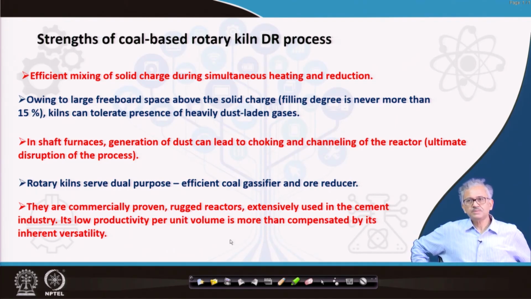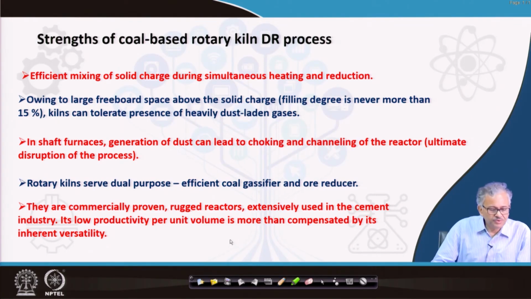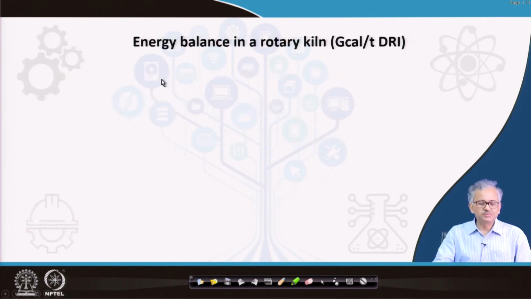It has somewhat low productivity, but that is more than compensated by its inherent versatility. Because it is rugged and very versatile, you can use different grades of raw material.